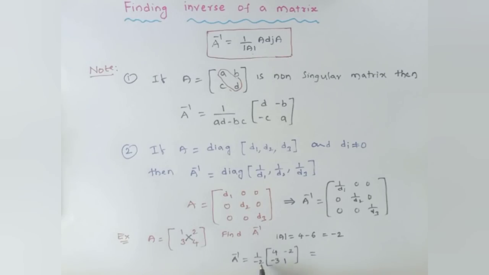Finally, we multiply the scalar with each and every element, so the resultant A inverse is 4 by minus 2 is minus 2, minus 2 by minus 2 is 1, minus 3 by minus 2 is 3 by 2, and minus 1 by 2. So this is the A inverse of the 2 by 2 matrix 1, 2, 3, 4.